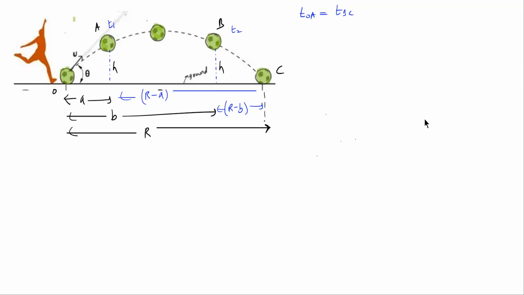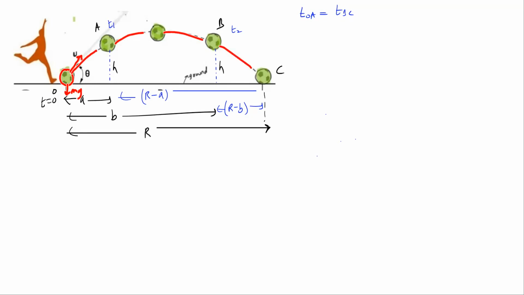Good morning kids. We had the problem, so we have completed it. At t equals 0, this ball will be kicked by the footballer. Because of the velocity imparted and the weight, it will move in a parabolic path.